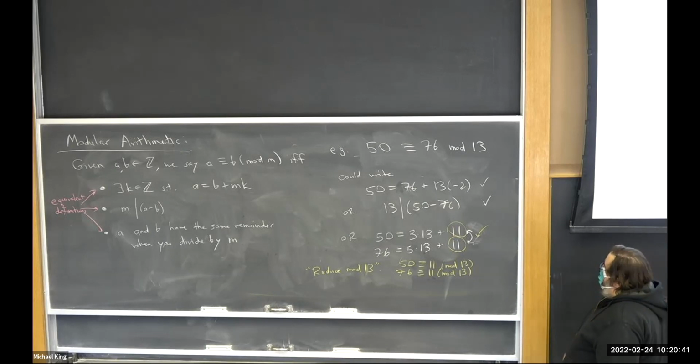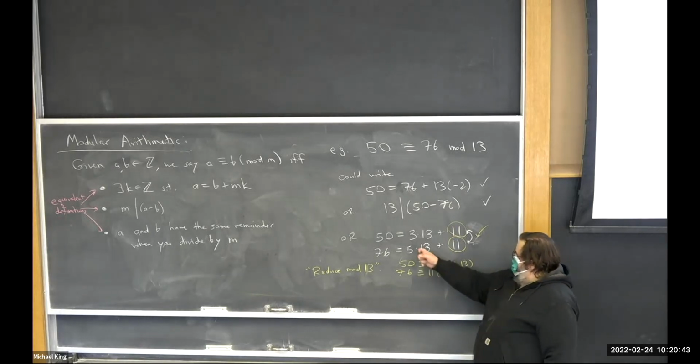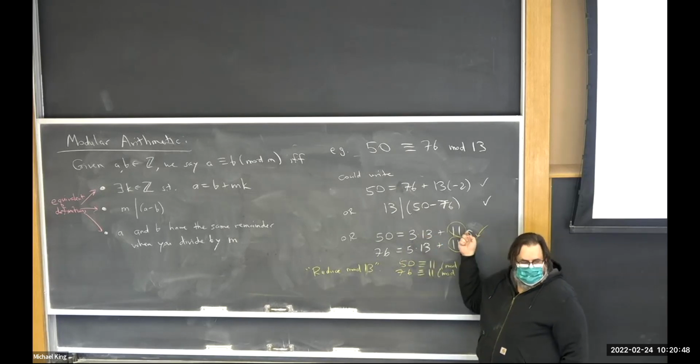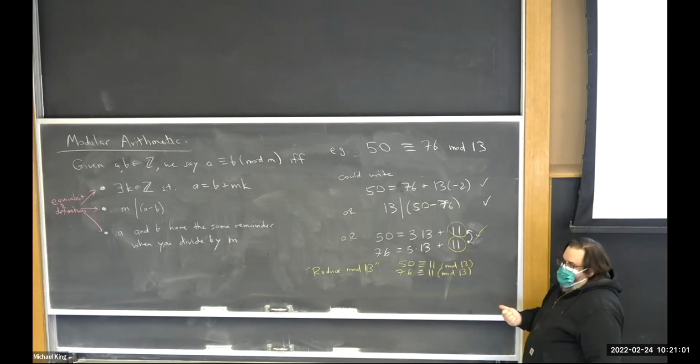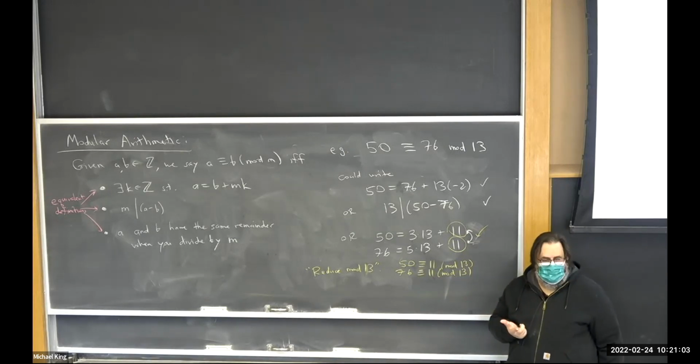I could have used 4 times 13. And then what would my remainder have been? It'd be -2, because it'd be 52 minus 2. So -2 could also work. It just depends on whether you want positive remainders or smallest remainders.